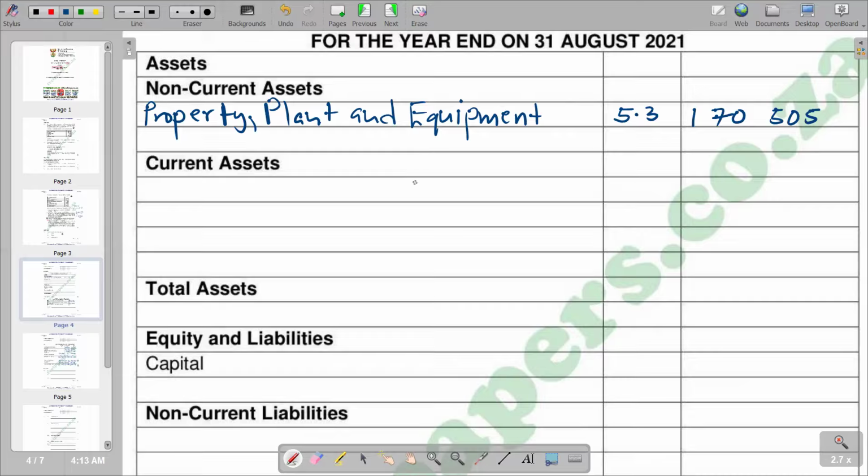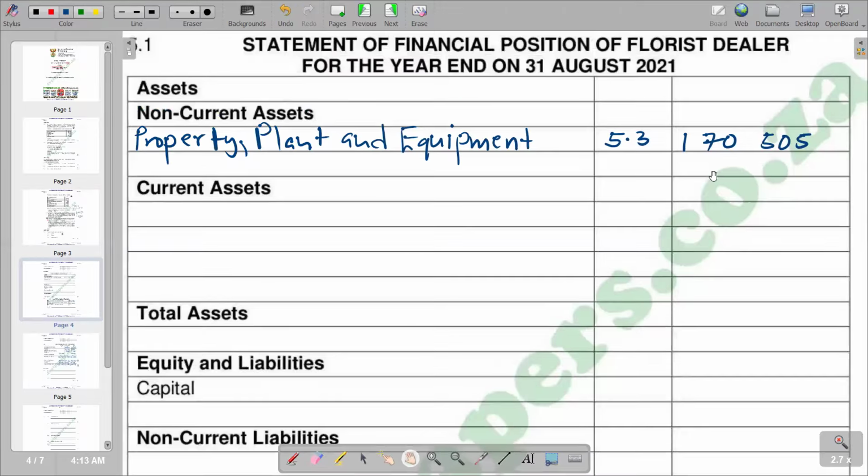So that's what we have, and that's the only non-current asset. If there is a financial asset, you also need to add it to property, plant, and equipment to get the total for non-current assets. But in this case, we can just use the one that we have. So if we are to close, we can close here. And this same figure is going to come here as a representation of the non-current assets.